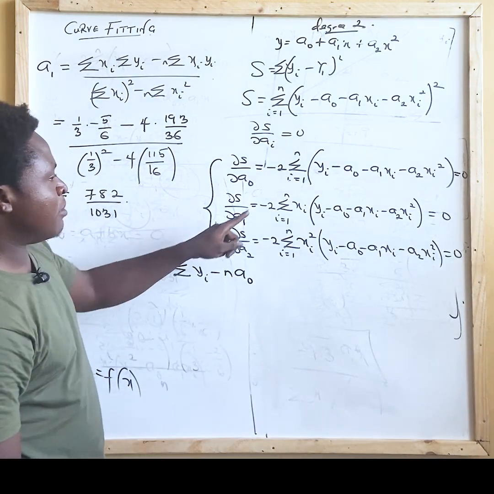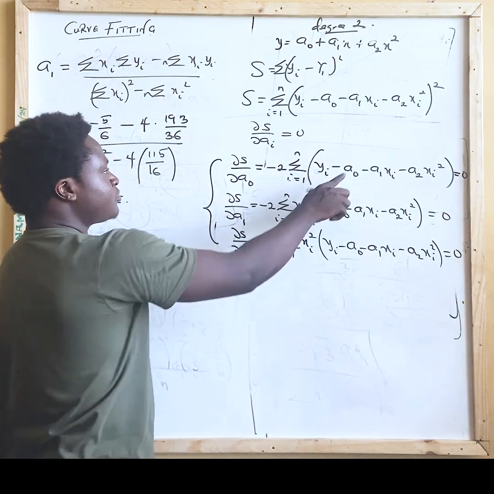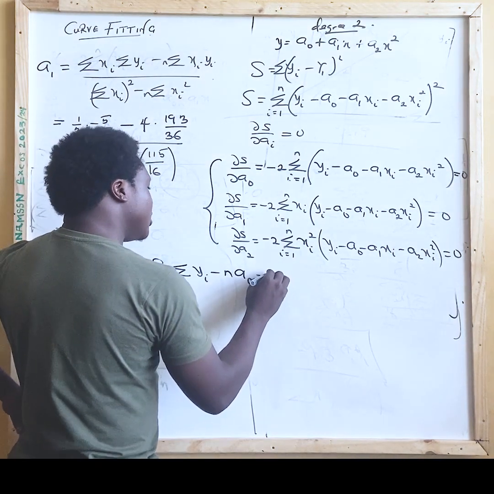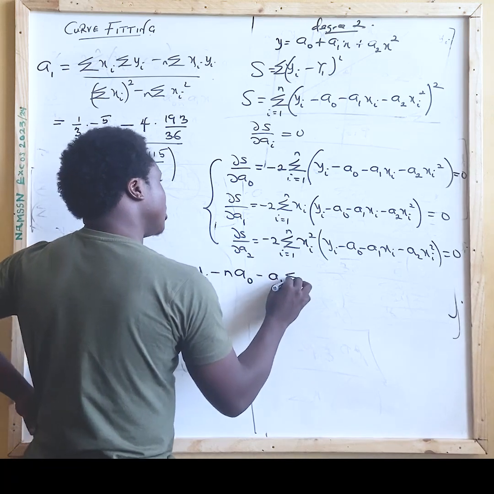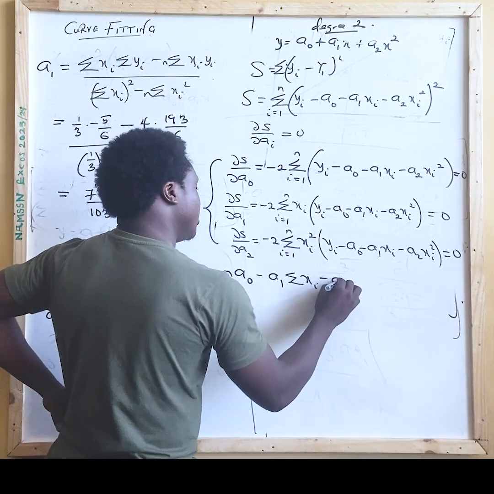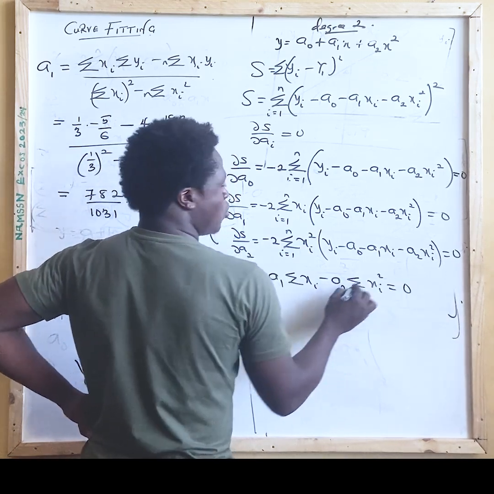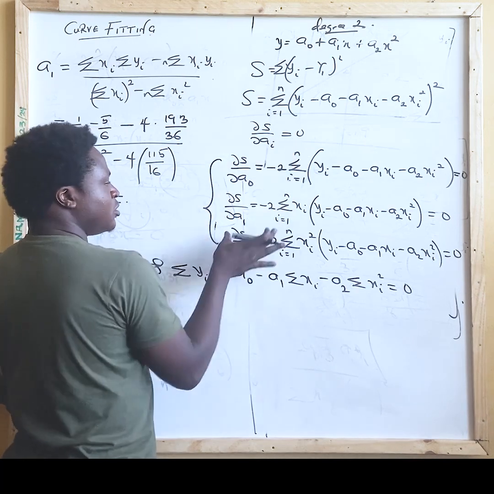Why? Because I'm having summation of a naught from 1 to n, that's n a naught. The next one will be minus a1 summation xi, then minus a2 summation xi squared, equal to 0 for this first one.